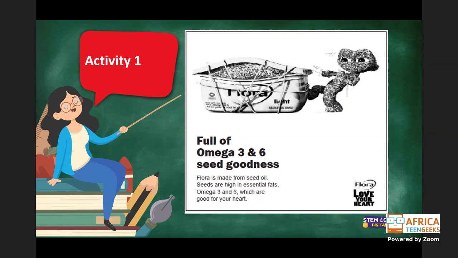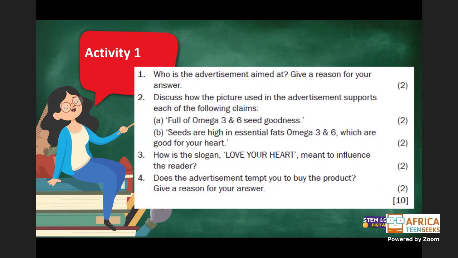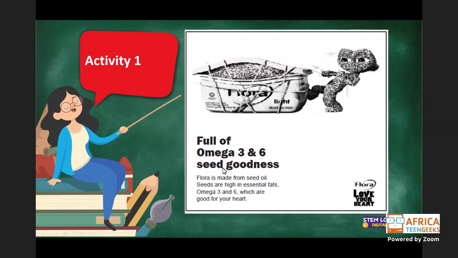All right. So the first one: who is the advertisement aimed at? Give reasons for your answer. So who do you think this advertisement is aimed at? I'm going to go back so you can see the picture.